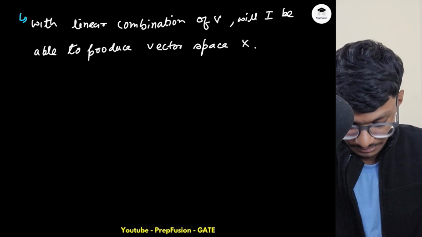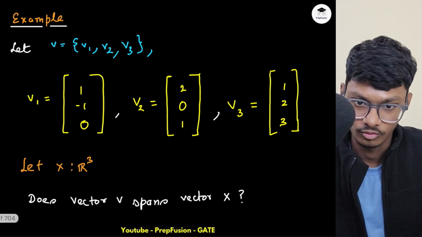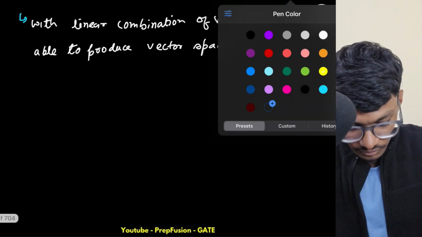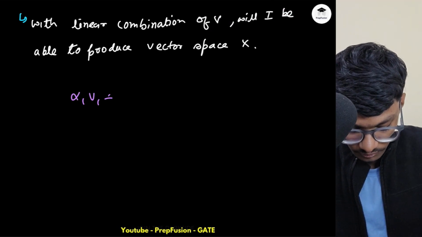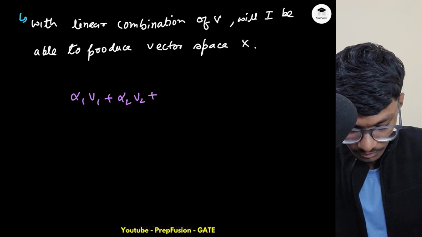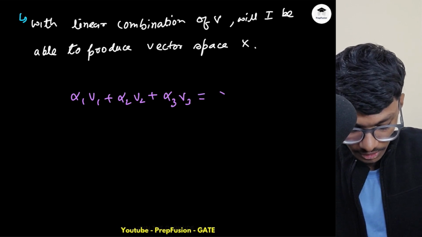Now basically what we have to do again is the same thing: alpha 1 v1 plus alpha 2 v2 plus alpha 3 v3 should be equal to my x, right?